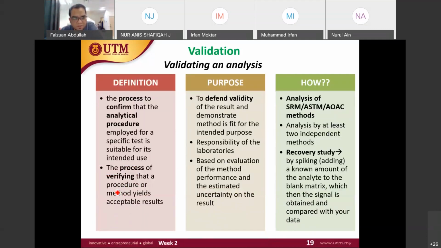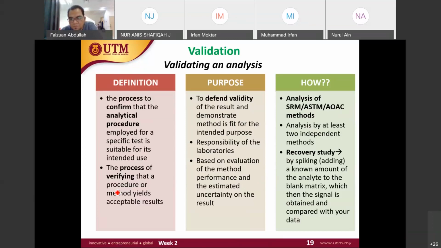Validation confirms that the analytical procedure employed for a specific test is suitable for its intended use. It is the process of verifying that a procedure or method yields acceptable results. The purpose is to defend the validity of the result and demonstrate the method is fit for the intended purpose. It is the responsibility of the laboratories, based on the evaluation of the method performance and the estimated uncertainty of the result.